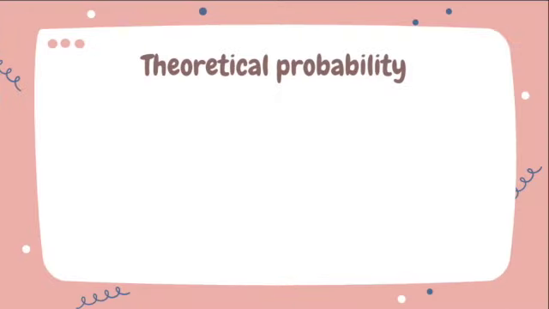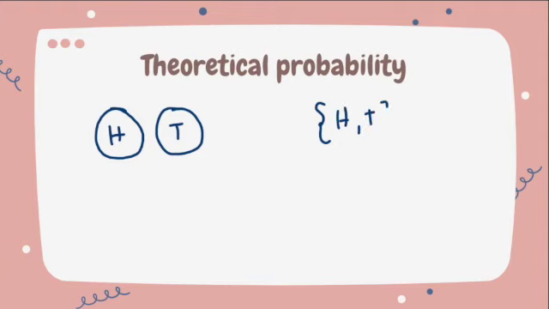That one was different from the theoretical probability because this one gives you a way to quantify probability that does not require carrying out a large number of trials. So, let's say for example that we're going to toss a coin. The possible outcomes to toss a coin are going to be head and tail. So our sample space, which is the set of all possible outcomes of an experiment, always denoted by U, is going to be H and T. So the probability of getting a head is going to be equal to 1/2.